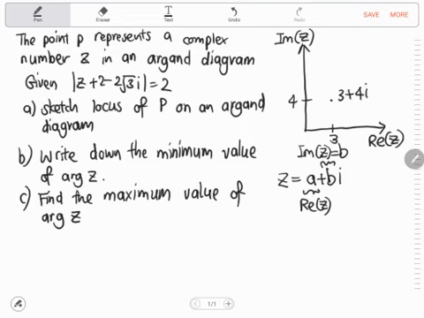Okay, so another idea that we need for solving this problem is when we have the modulus of Z minus Z1, where Z1 is a particular complex number, for example 3 plus 4i, and Z is the variable.